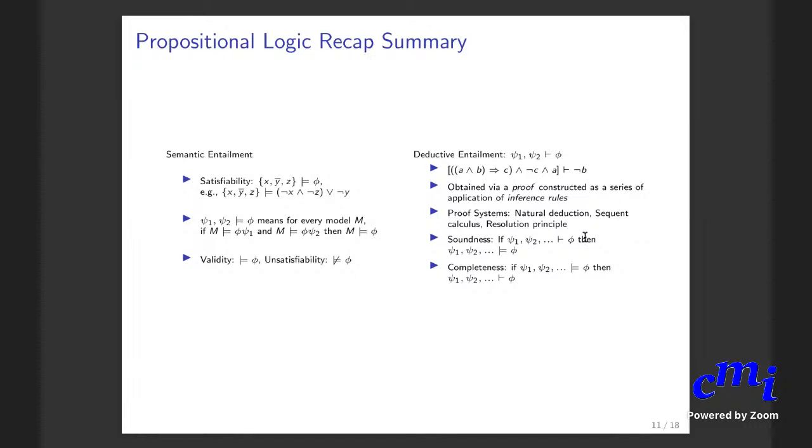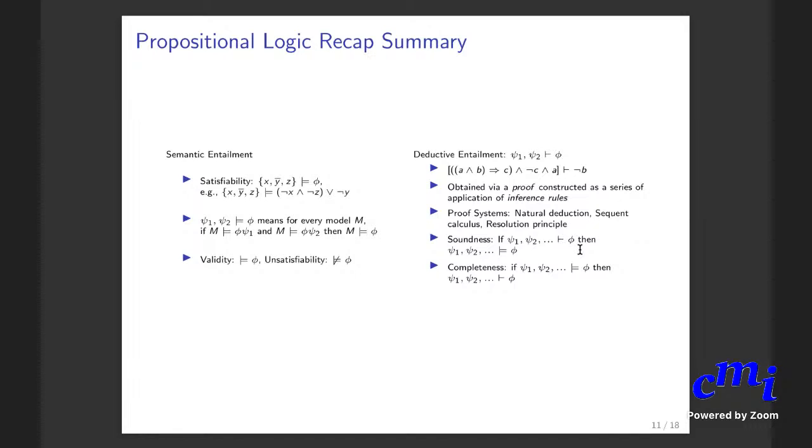And this series of applications of inference rules is what makes up a proof for phi from psi1, psi2. I haven't shown that. For now, assume that that is another way to deduce.